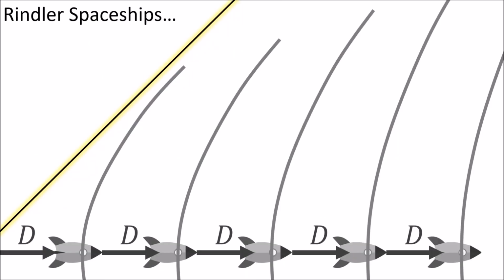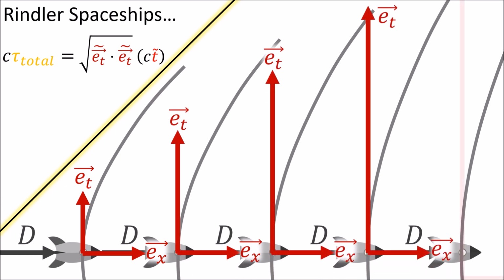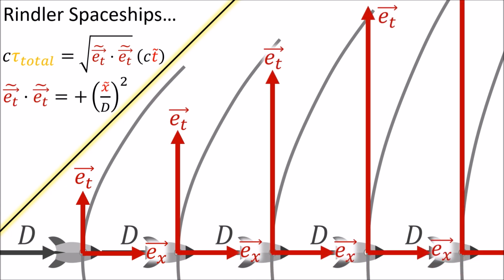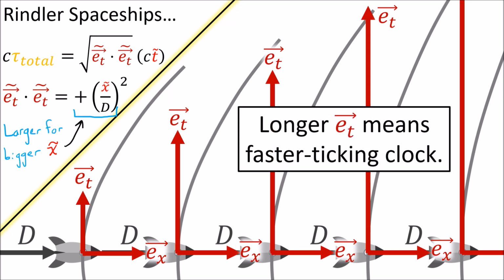The reason for the faster ticking clocks to the right is because the e_t tilde basis vector gets longer and longer for large x tilde. So the e_t tilde dot e_t tilde component of the Rindler metric grows to the right. This tells us that when the time basis vector is longer, it indicates a clock that ticks more quickly along a coordinate curve of constant position in that coordinate system.